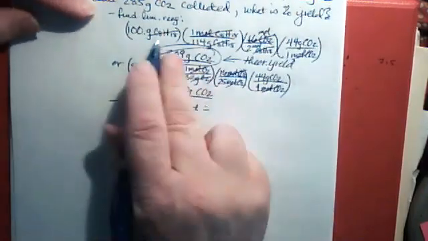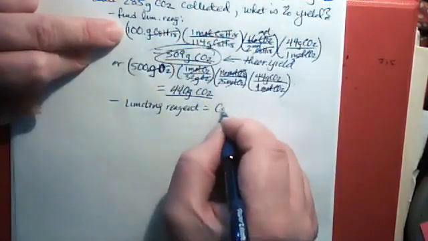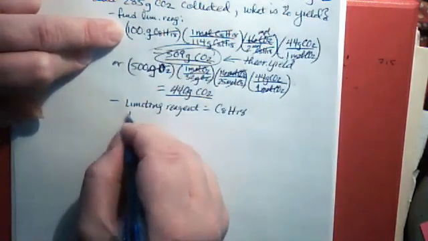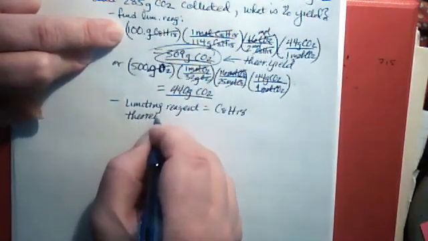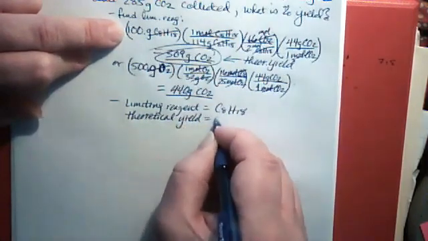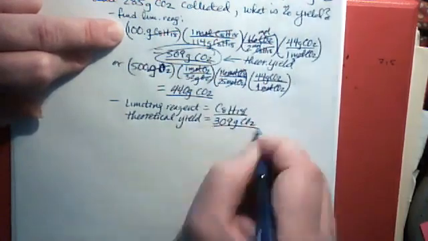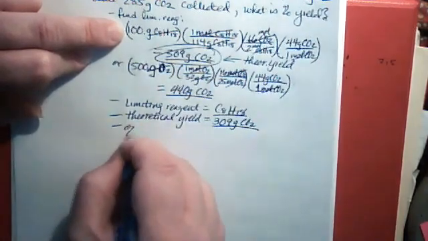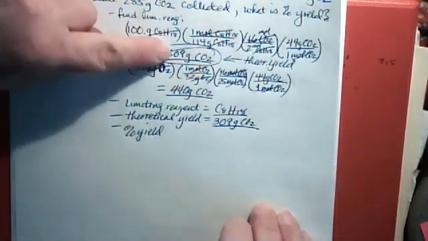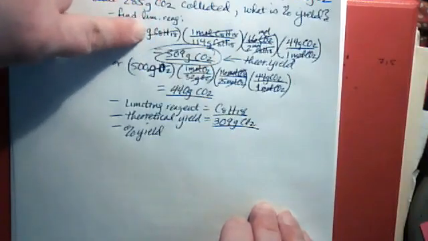And the limiting reagent is the reactant that leads to the smaller amount of product, and that is the octane. And so there's your theoretical yield, and there is your limiting reagent.